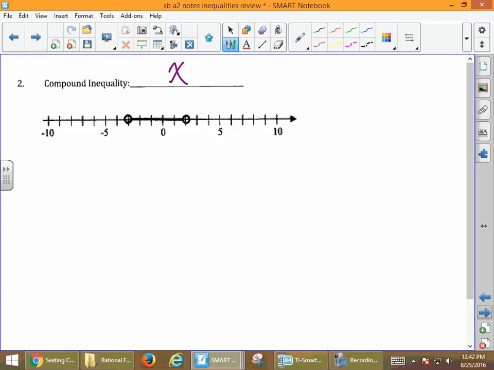Well, it's in between 2 and -3. They're both open circles, so that means that we're not going to have any equals in there. And what happens is all of our values are going to be smaller than 2. And they're going to be bigger than -3. So our inequalities are going to point in the same direction.